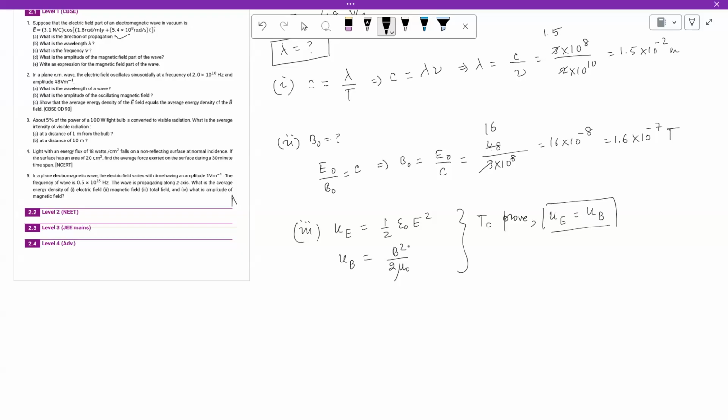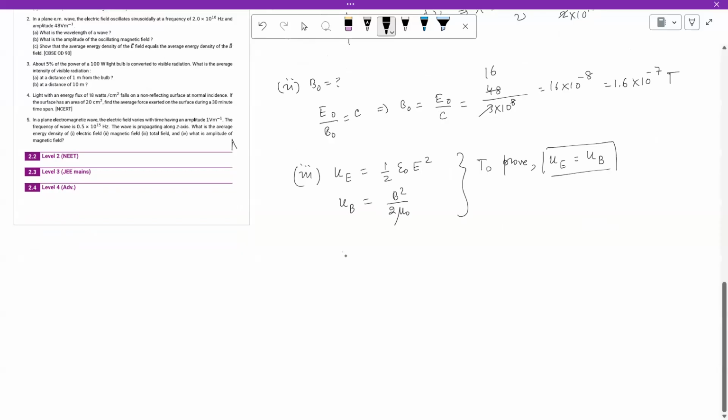We know that E and B are related in electromagnetic waves, right? So let us write UE, which is half epsilon naught E square. We have to write it in terms of the magnetic field. So for epsilon naught, we know that C is 1 by root of mu naught epsilon naught. This we know, right?